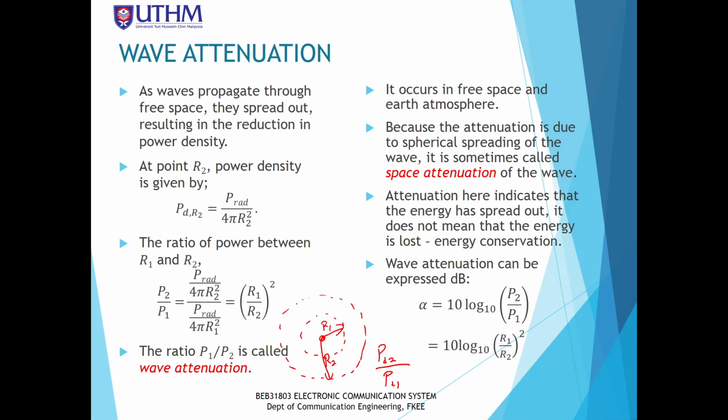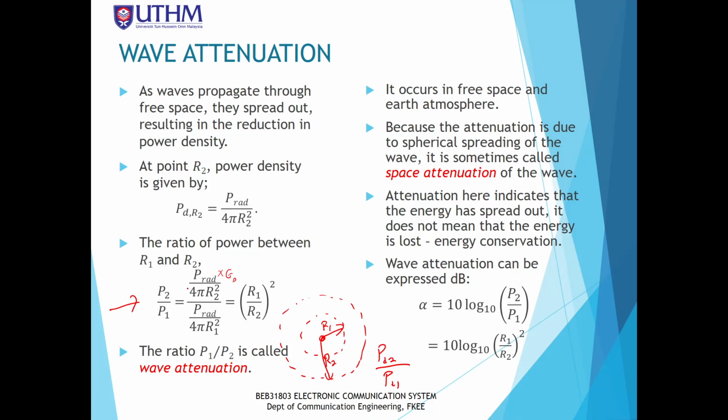If you see from these equations, power density 2 over power density 1, where power density is equal to power divided by 4 pi r square. This is using the example of an isotropic radiator where the gain is equal to 1, so actually there's another term here multiplied with GD.